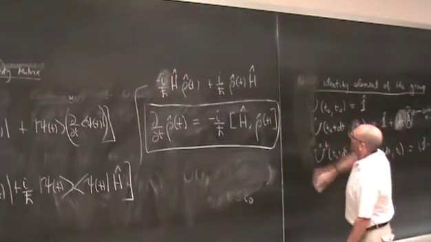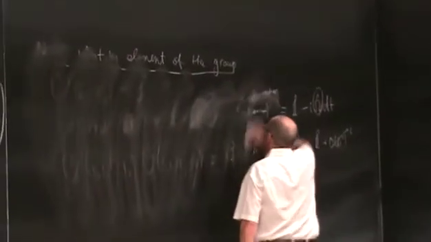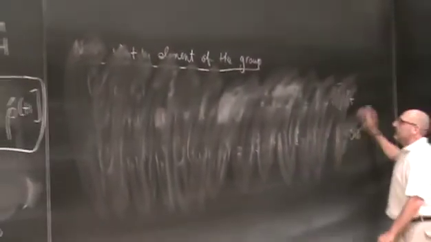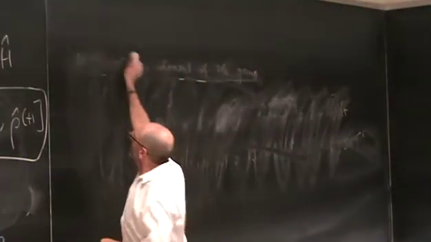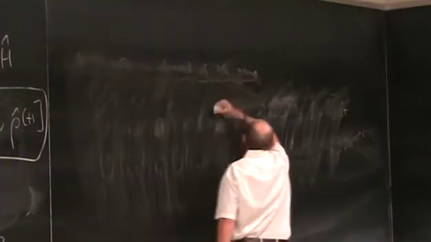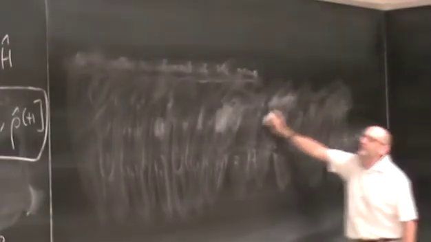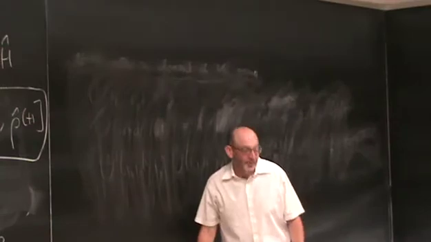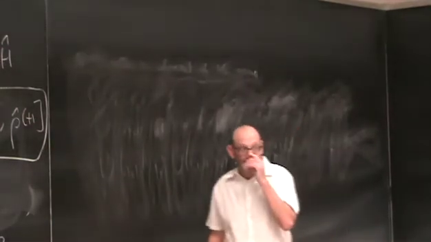All right, so now, of course, once we want to solve the Schrödinger equation, there's a very special set of states that play a very special role. Those are the eigenstates of the Hamiltonian.